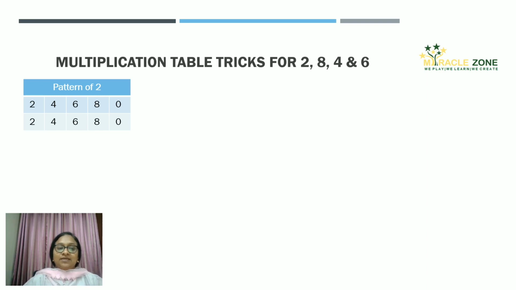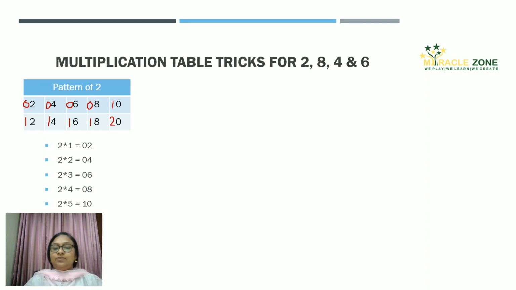For the tens place, we will start with 0, and wherever 0 comes, you just need to add 1. So the second line also will start with the same number, so here it is 1, 1, 1, 1. Again, wherever 0 is coming, we will increment by 1. So this is the table for 2.